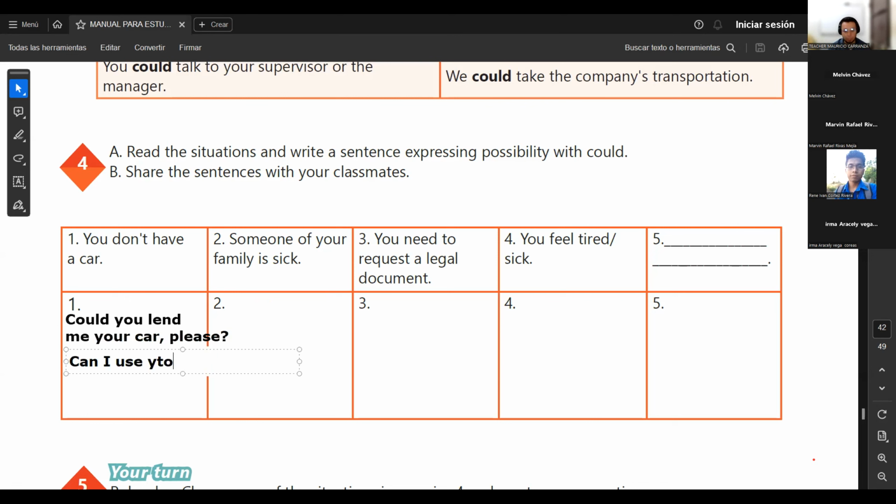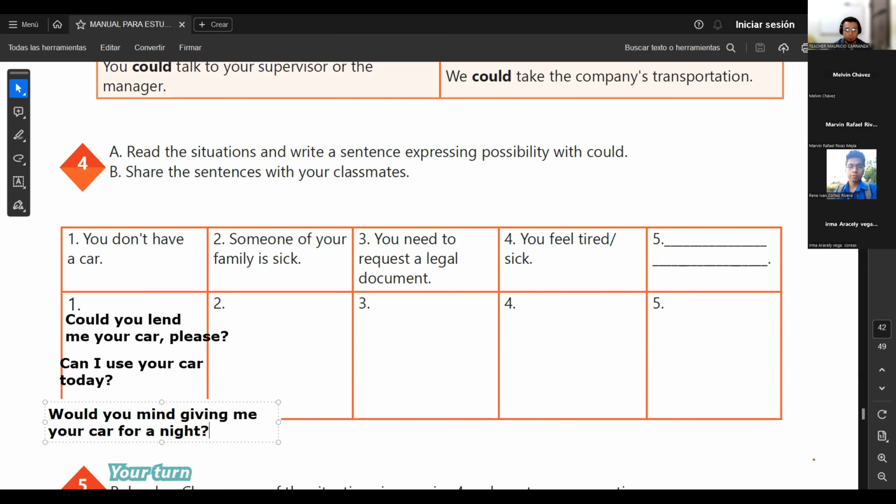Can I use your car today? Or it can also be, would you mind giving me your car for a night? Could be an option, right?